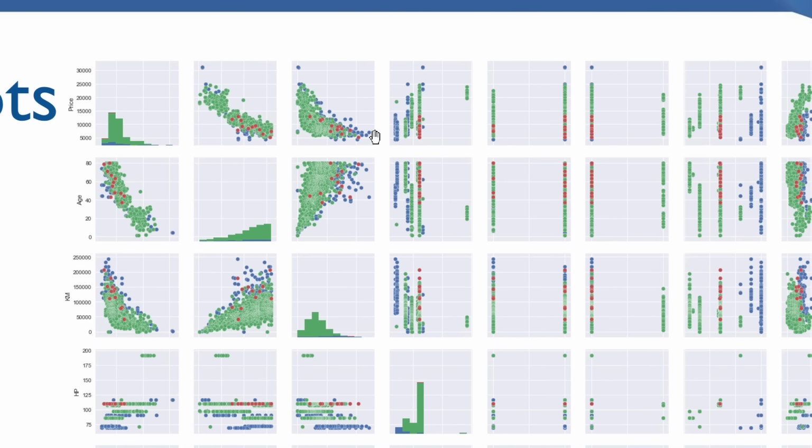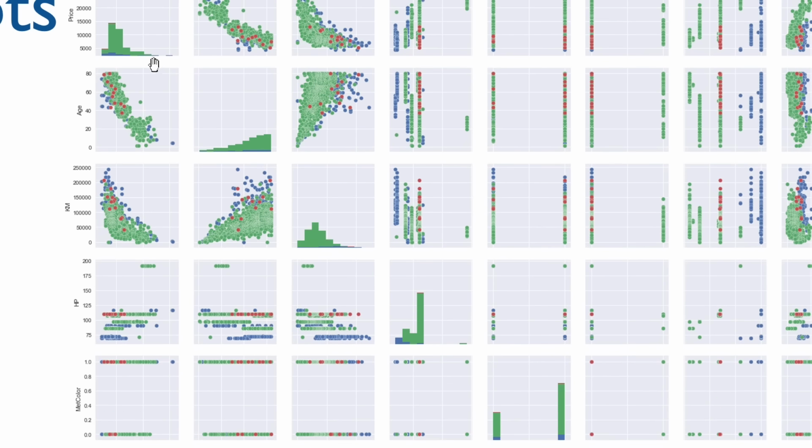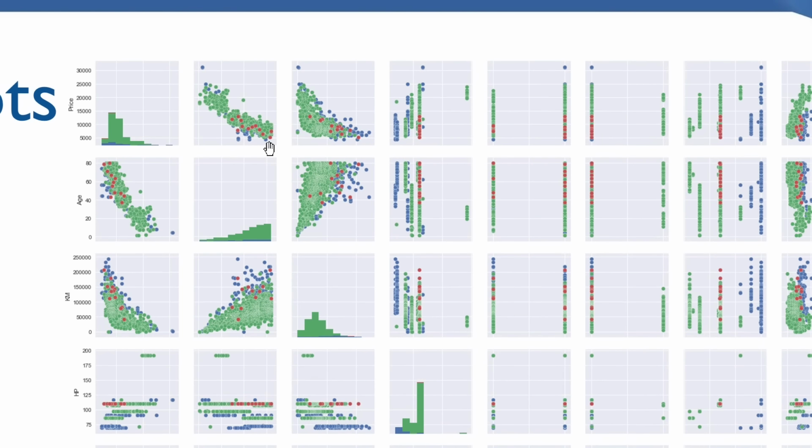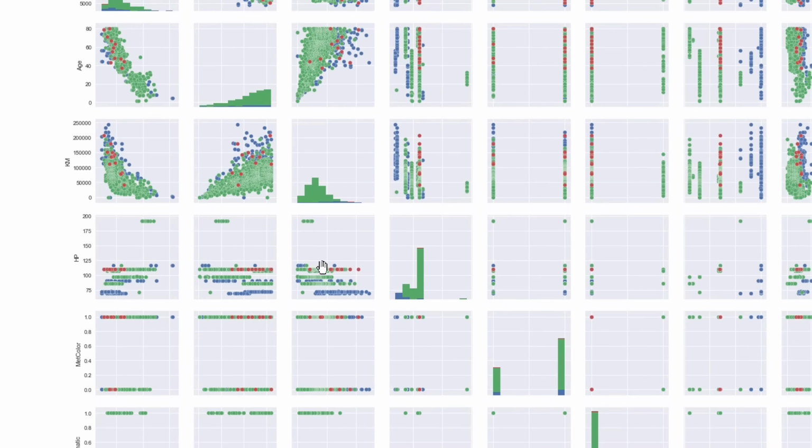Similarly, you will be able to interpret the other variable relationships. All the diagonal boxes are histograms, because the diagonal boxes represent the univariate distribution. This is just the distribution of the variable age, this is the distribution of the variable kilometer, and the distribution of the variable HP is represented here.